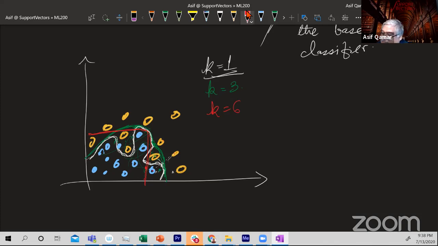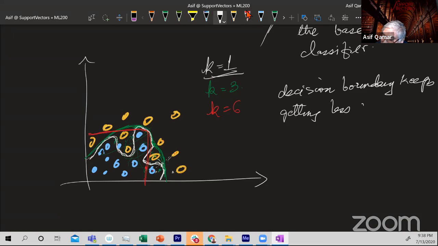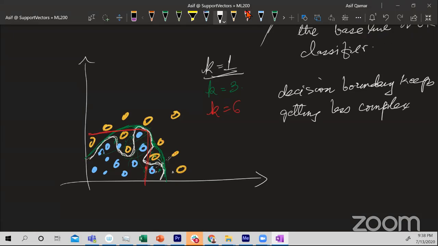So what can you say of the decision boundaries? Do you notice that the decision boundary keeps getting less complex, isn't it?